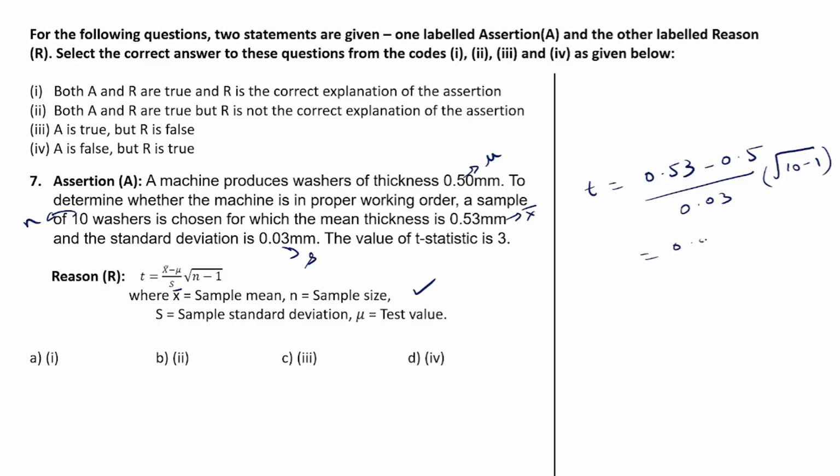This is 0.03 upon 0.03 into root of 9, which is 3. So the value of the test statistic is 3. Both A and R are true and R is the correct explanation of the assertion. The correct option is option A.